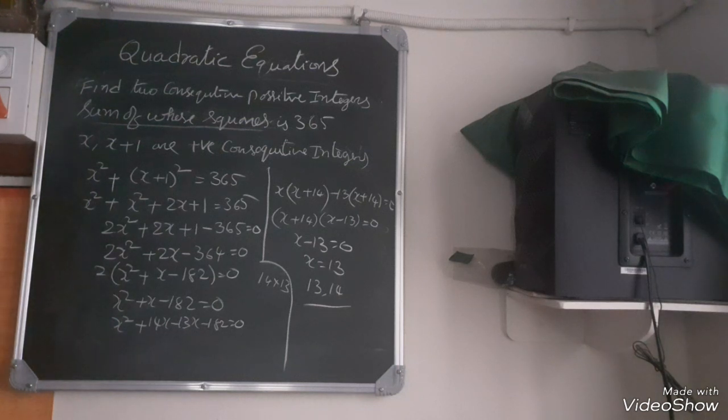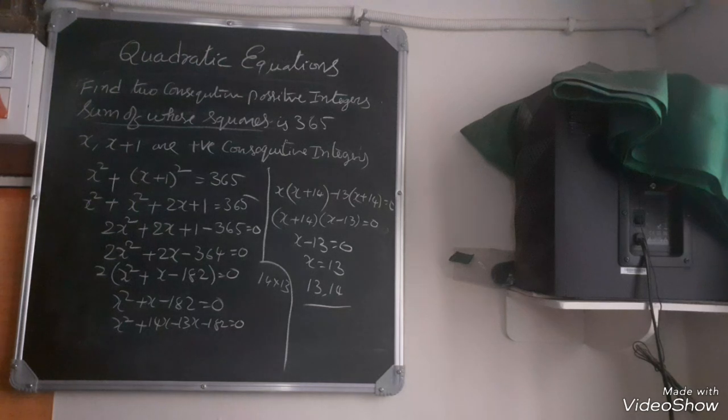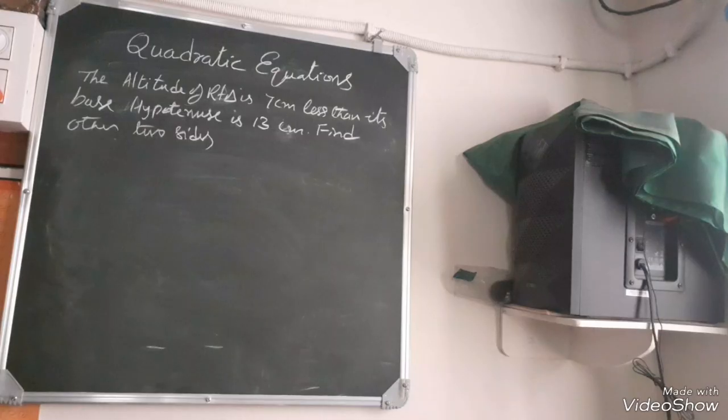Now see the fifth sum. The altitude of a right angle triangle is 7 centimeters less than its base and its hypotenuse is 13 centimeters. Find the other two sides.